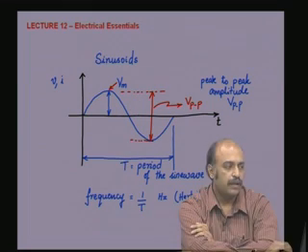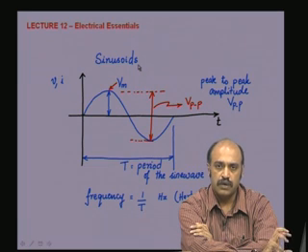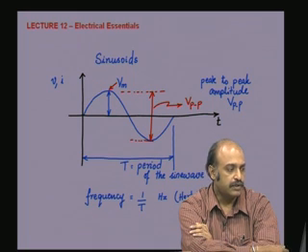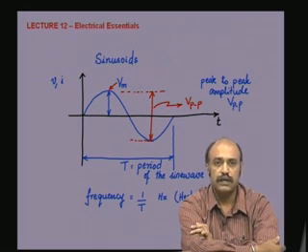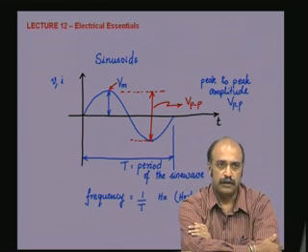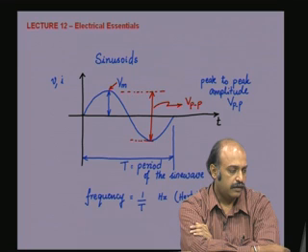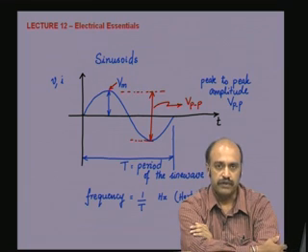Lecture 12 of the electrical essentials describes the sinusoids. The sinusoidal waveform is a kind of reference waveform for electrical engineers. It is ubiquitous in almost all electrical systems, and it will appear as an input, an output, an intermediate waveform almost everywhere.